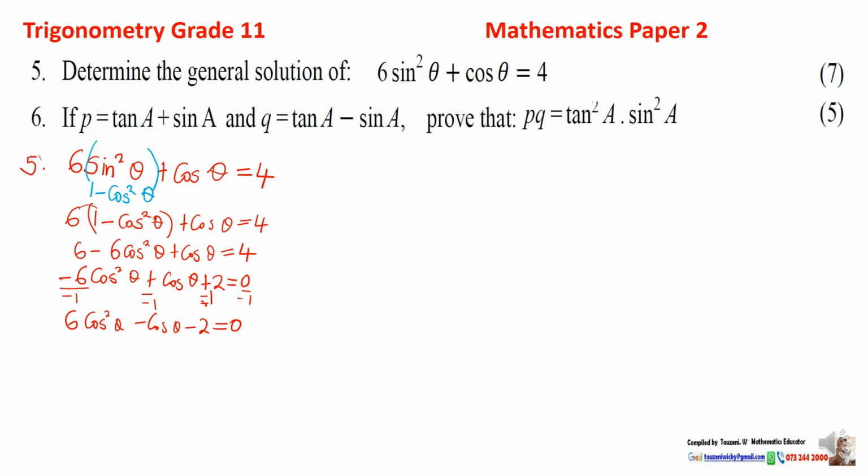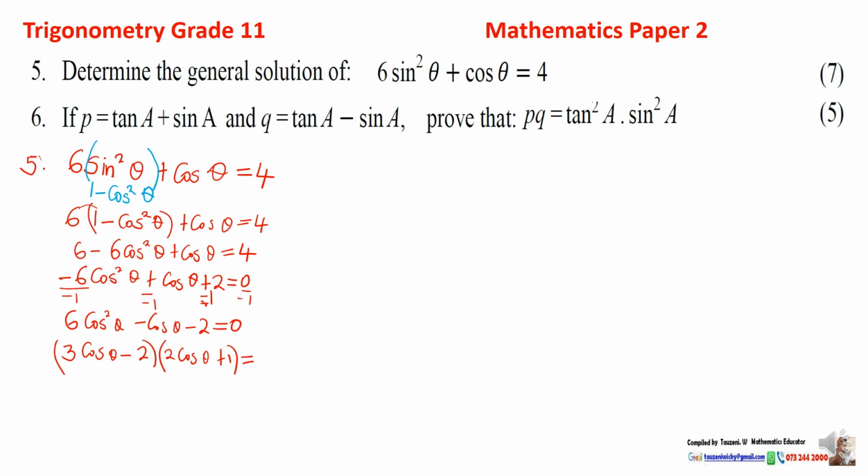So this expression can be factorized. So I can express it in bracket form. This would be 3 cos theta minus 2 in one bracket, and in the other bracket it's going to be 2 cos theta plus 1. So this is equal to 0.